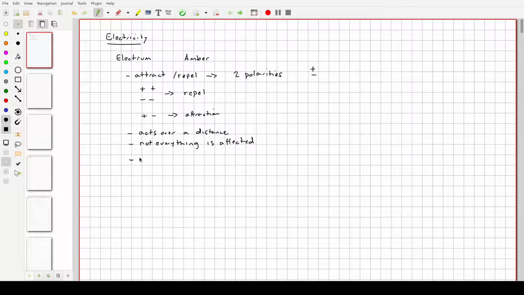Lastly, the force itself seems to go like 1 over the distance squared. This is called an inverse square force, and we've talked about one before: the force of gravity.